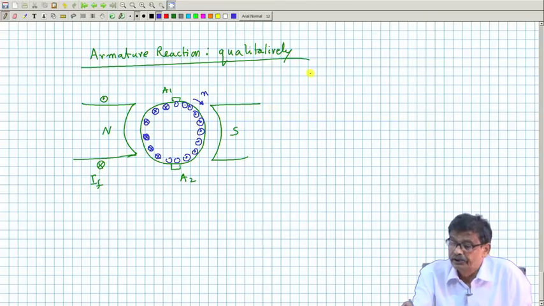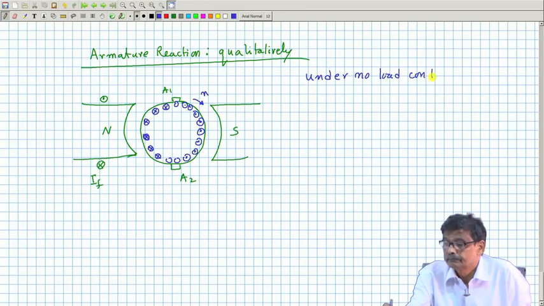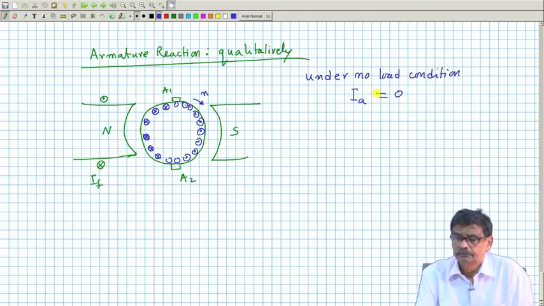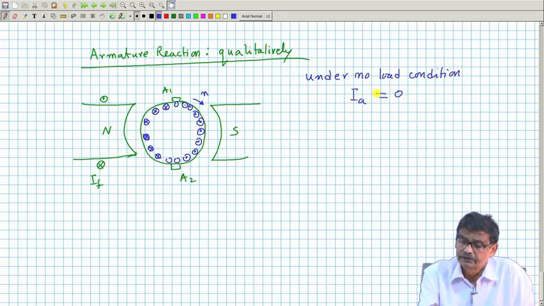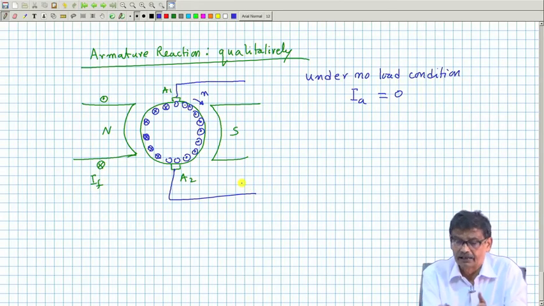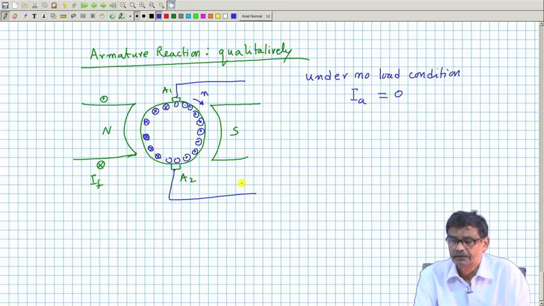Under no load condition, what is under no load condition? I_A is 0. No matter whether it is a separately excited generator or a shunt generator, it does not matter, although I have shown it separately.